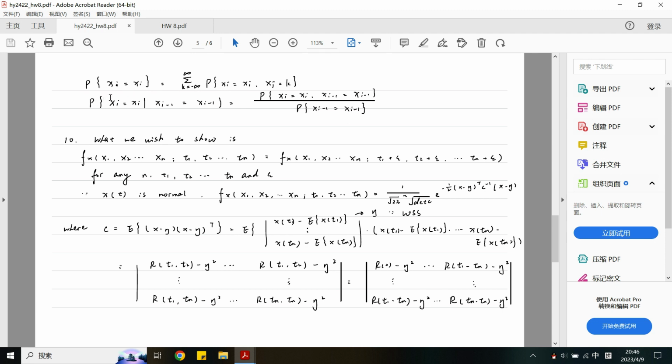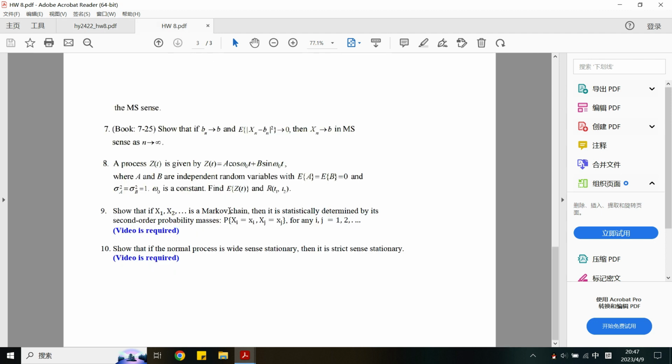Also we can get the conclusion that the probability that Xi equals xi given Xi-1 equals xi-1 equals the probability that Xi equals xi and Xi-1 equals xi-1, divided by the probability that Xi-1 equals xi-1.